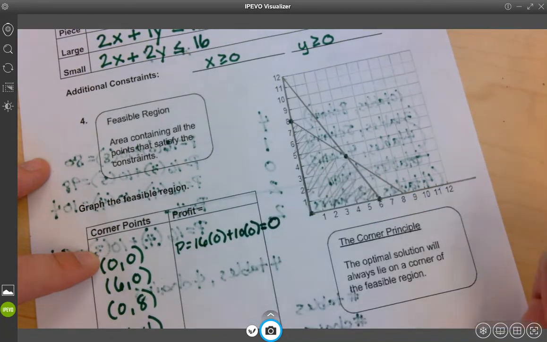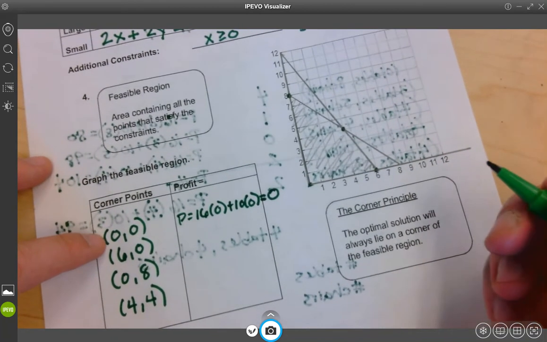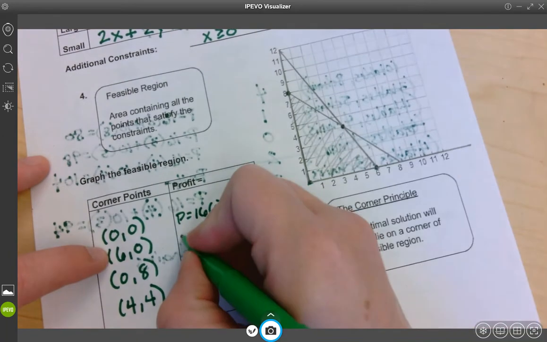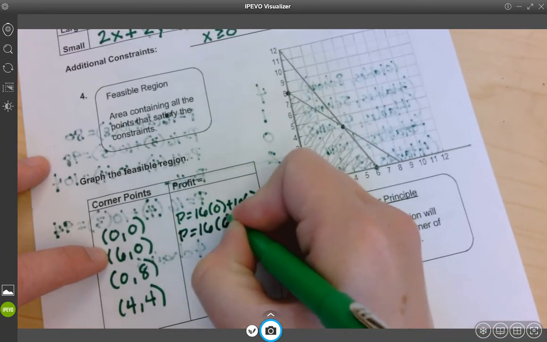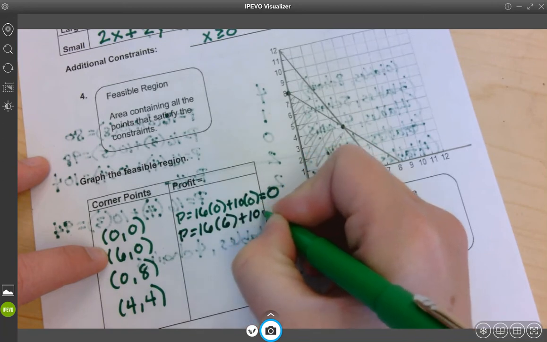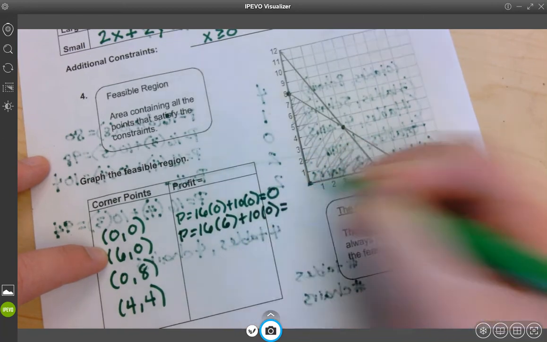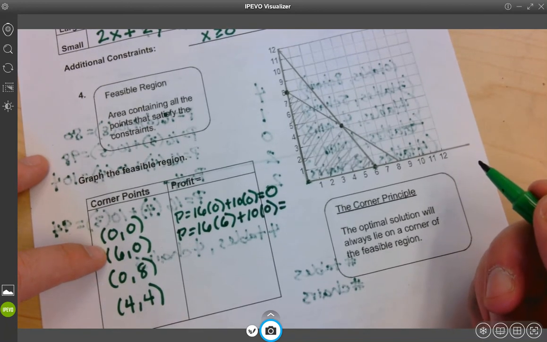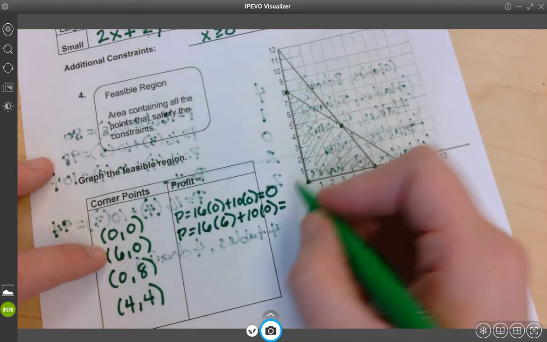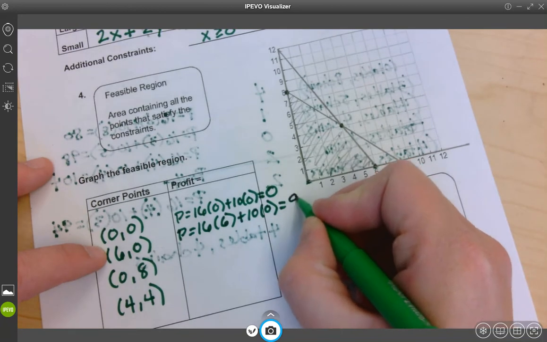So first one, we got a profit of 0, which we're not surprised by because we didn't make anything. Okay, this is the 6 tables and 0 chairs. This one was the example on the front, and I think they said they got $96 out of that.